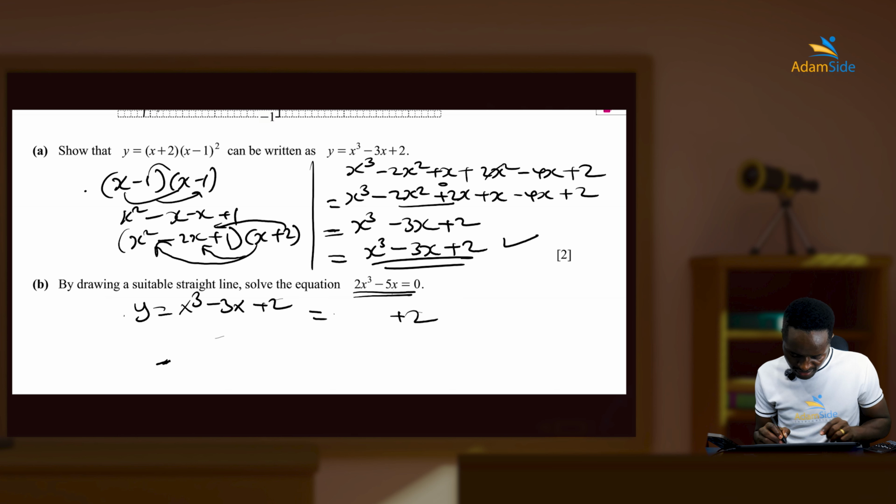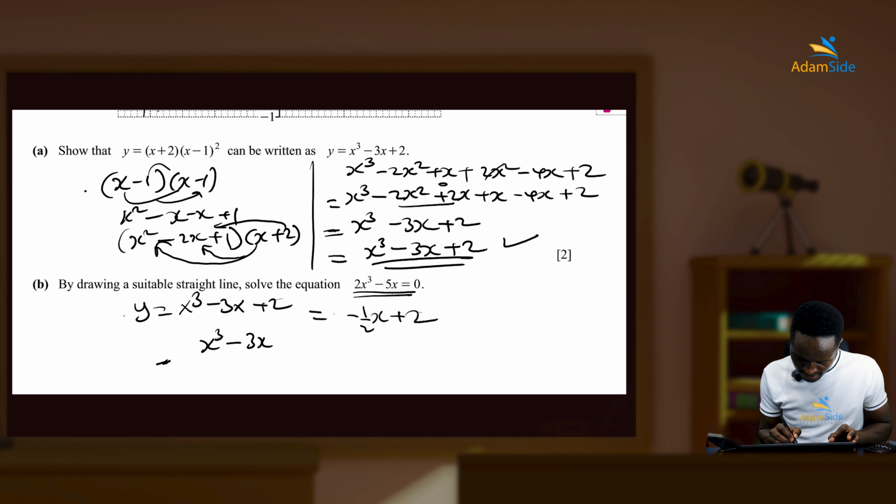And then, when you have negative 3x, that means you say minus a half x. So it will be x cubed minus 3x minus a half x, plus 2 minus 2, so that you can get 0. This should be equal to 0.